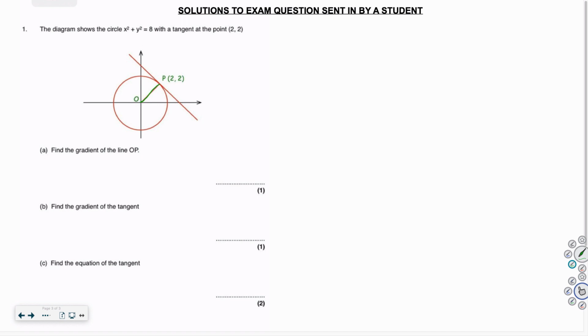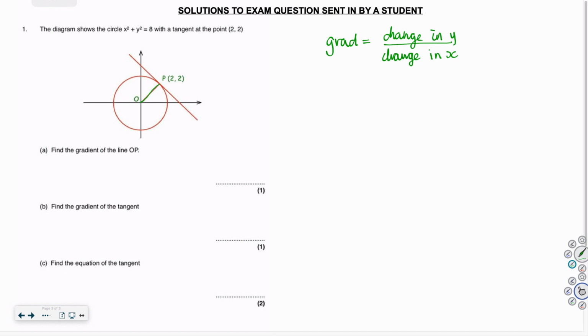Now remember, the gradient is the change in y divided by the change in x. So to work out a gradient, we need to have 2 points on the line OP. We've got 1, which is (2, 2) at P, but somehow we need to get the point O.